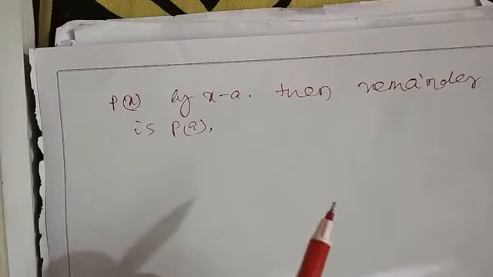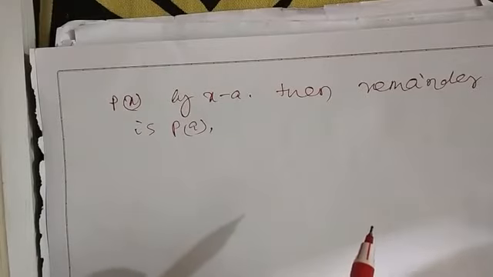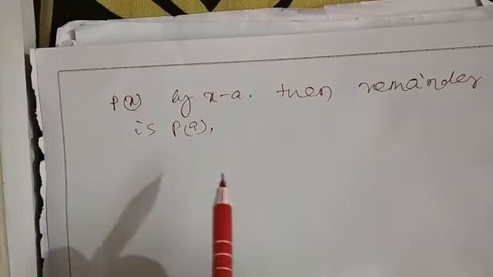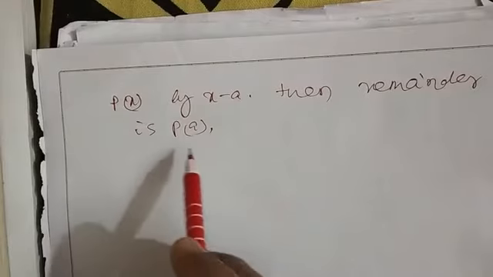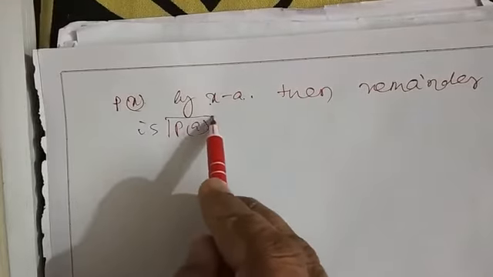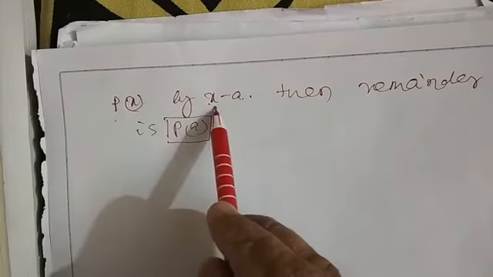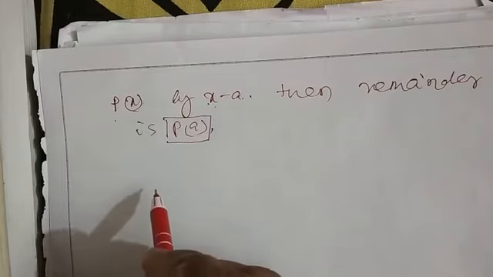Okay? So, when p(x) is divided by x minus a, then what will be the remainder? It is x equal to a. Put x equal to a in p(x). That p(a) will give you the remainder when p(x) is divided by x minus a.